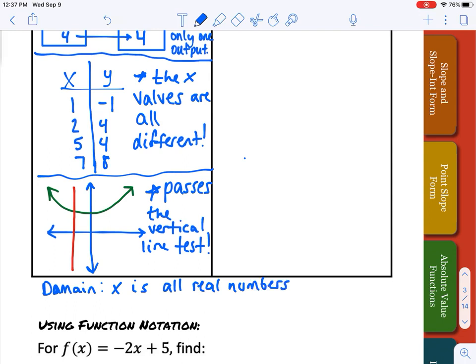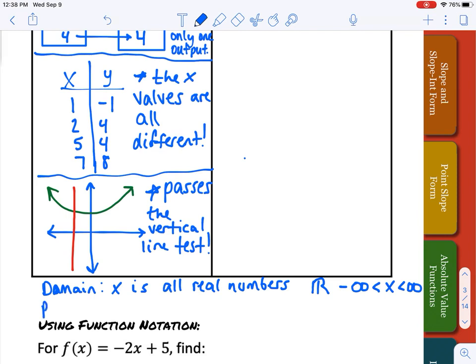A fancy way to write that is like a double R, or sometimes they write -infinity is less than x is less than infinity. That's just saying x can be any number between negative and positive infinity.